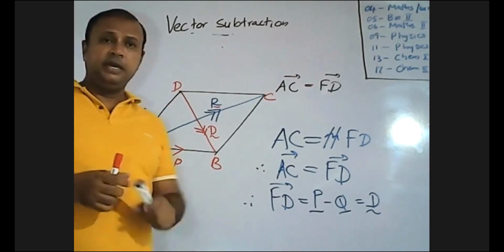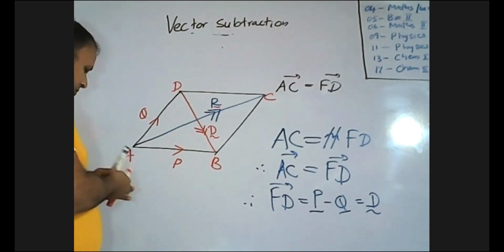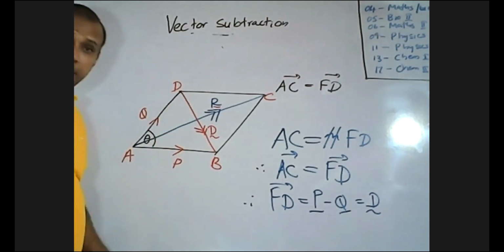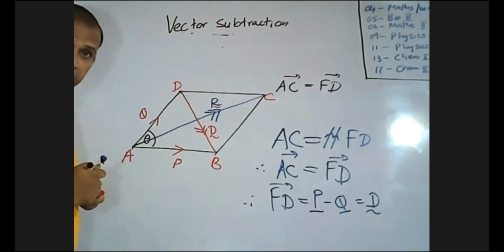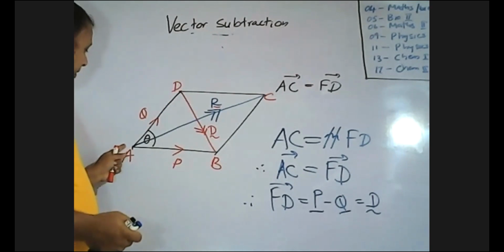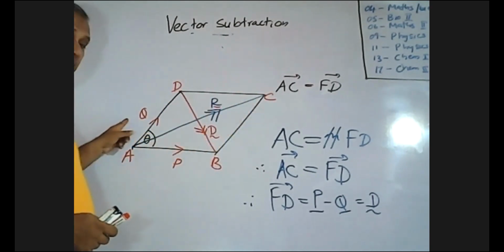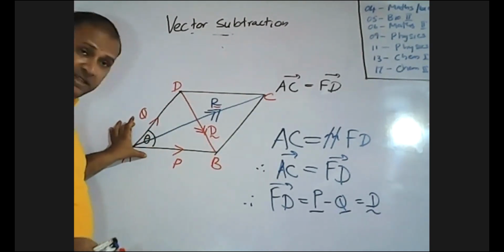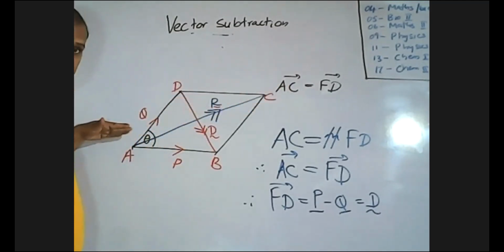Look at this one. Therefore, if I draw a vector parallelogram for these two forces or vectors, the diagonal in between these two forces represents the resultant vector.